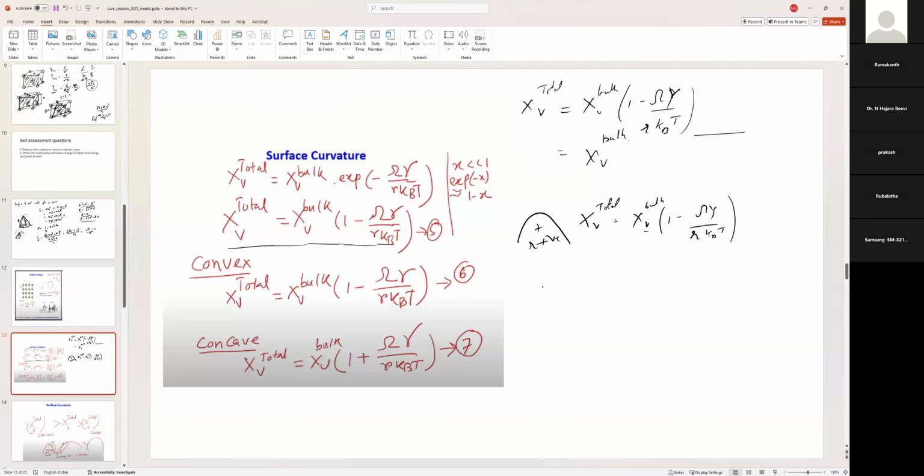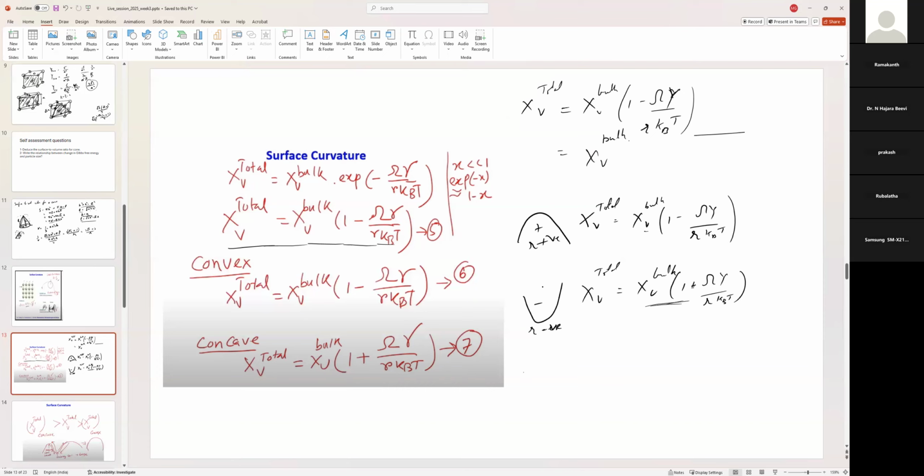And for a concave surface, where you have negative curvature, the r is negative. The total vacancy concentration becomes C bulk times 1 plus omega gamma by r kBT. So this is greater than the bulk concentration.